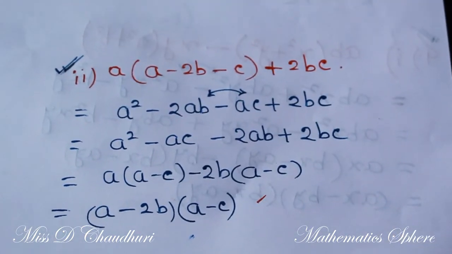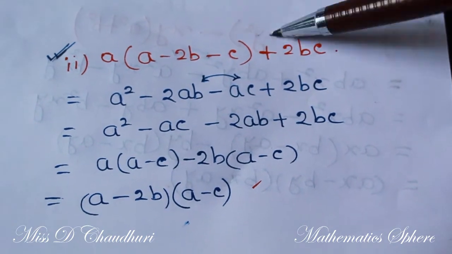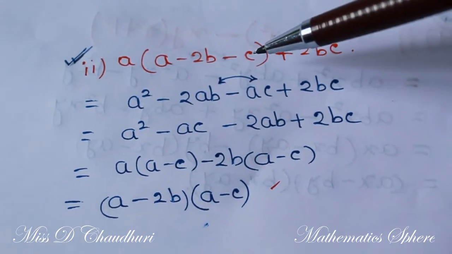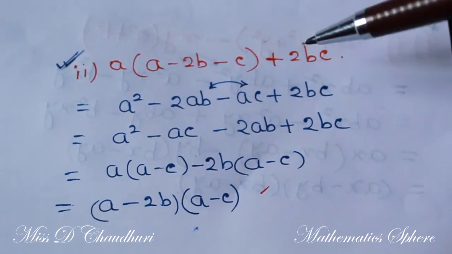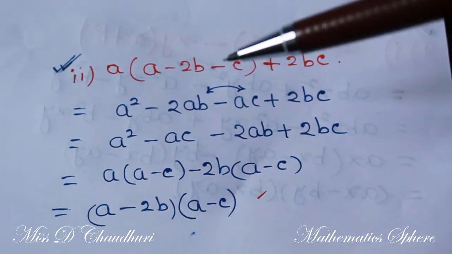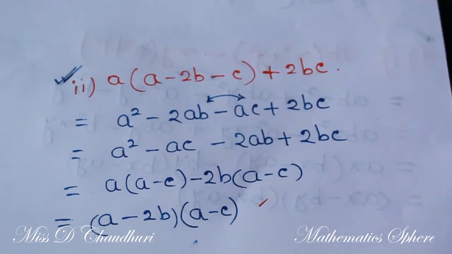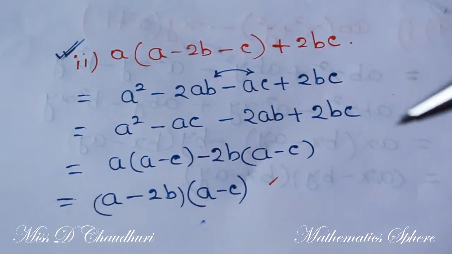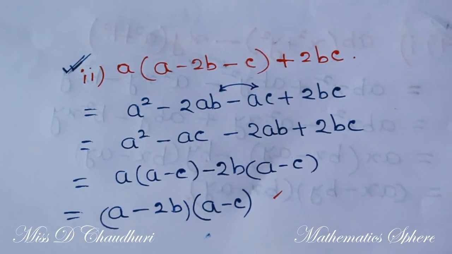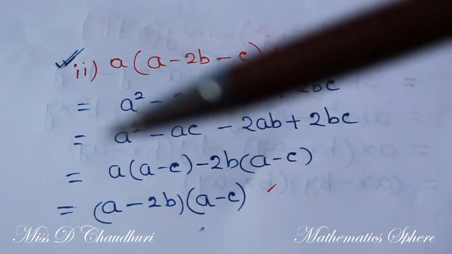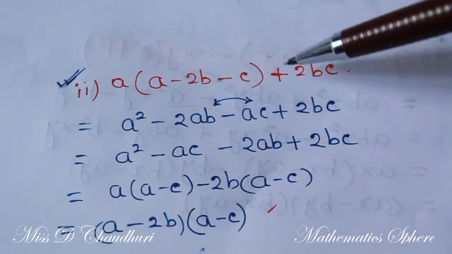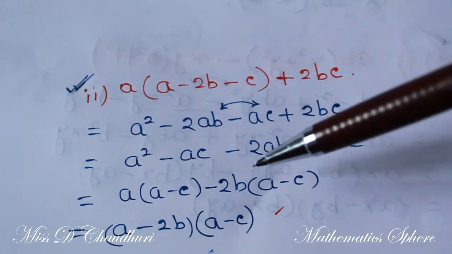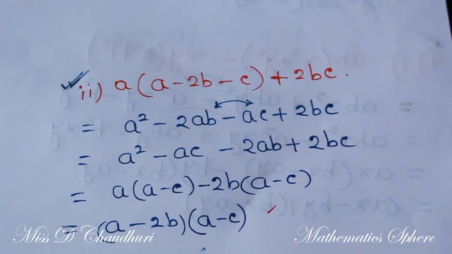See this sum. Here it is given in a product form, but there is no use of this product here because we are not able to take anything common out of this. So in this case, you will have to open the bracket. In the last exercise we saw that when the things were in brackets, we could directly take them in common, but here, can you take anything common out from here? No. So we will just multiply them.